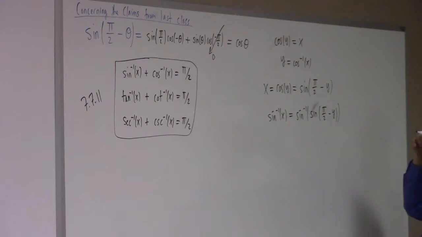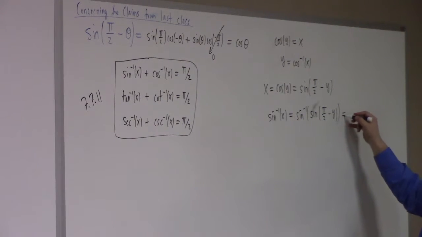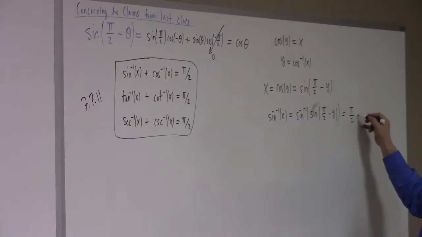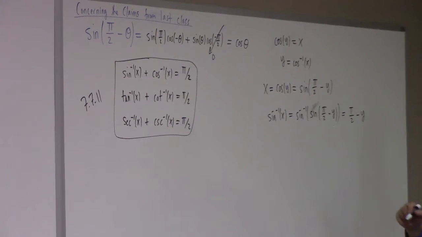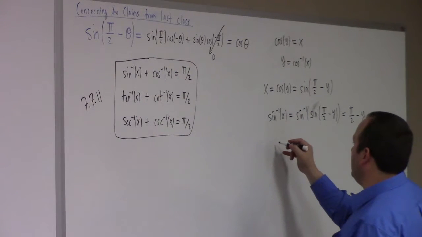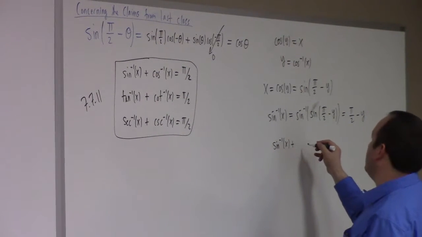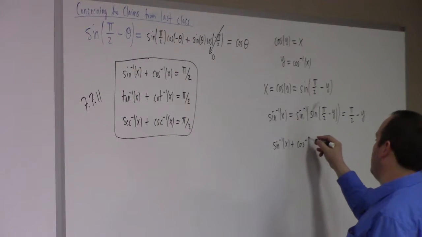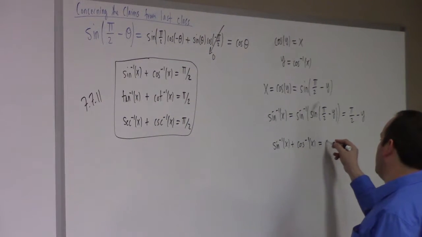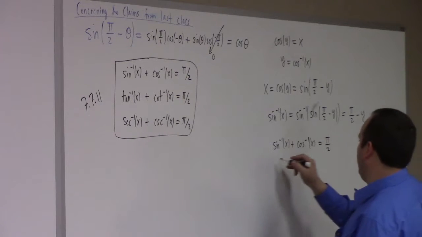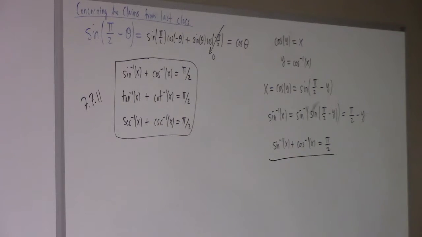But sine inverse of sine of something is what? Pi over 2 minus y. And then if we solve for pi over 2, we got inverse sine of x plus y, but what is y? Inverse cosine of x equals pi over 2. There you go. There's the first thing in the claim. This is in the textbook. All right.